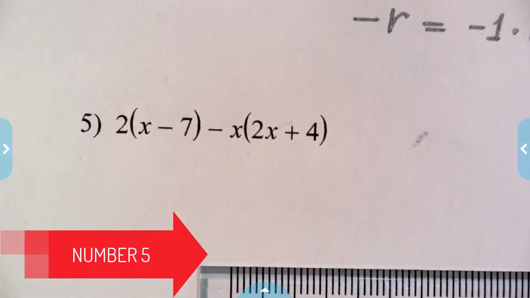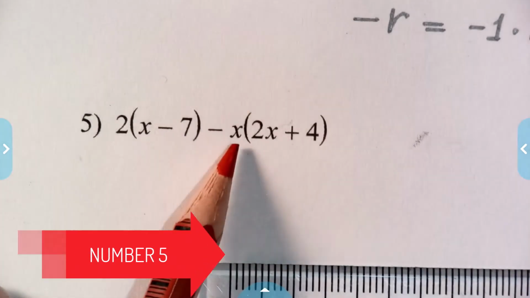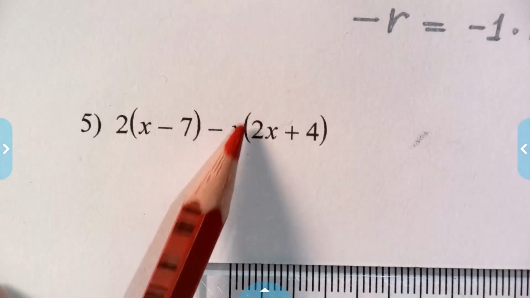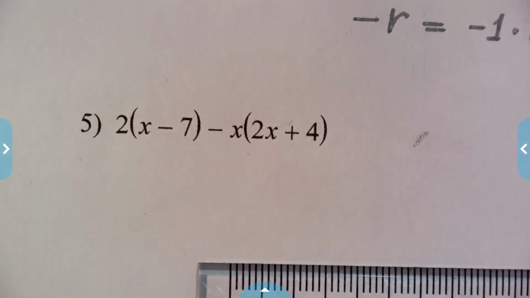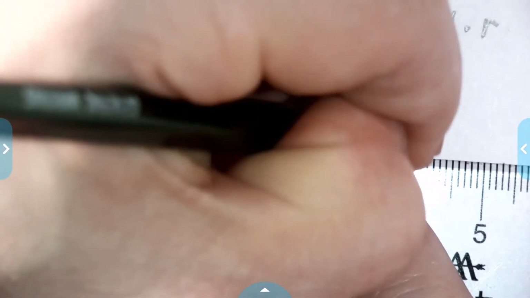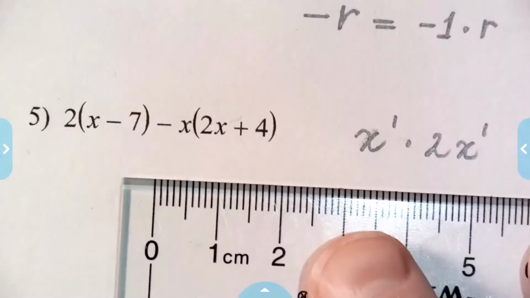Oh boy. Okay, so here we are going to have a product rule thing. Okay, see, x to the first times 2x. Just want to help you guys out here. I've got x to the first times 2x to the first.